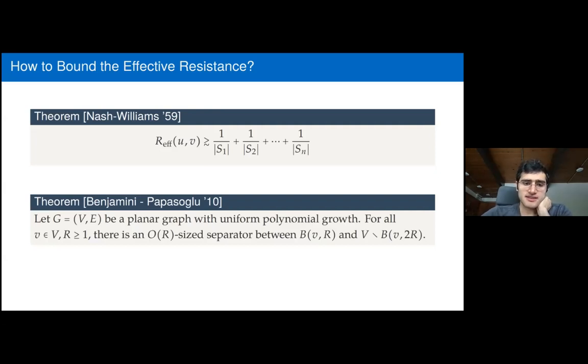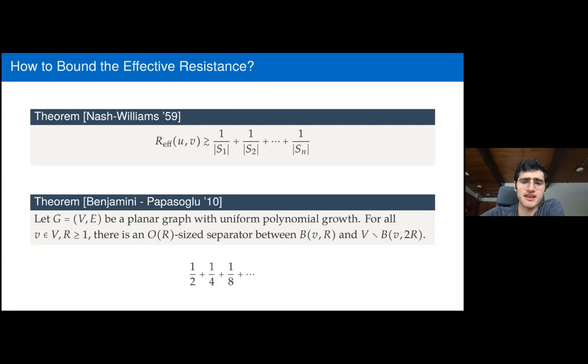Note that if you didn't have planarity, this wouldn't be true. For instance, in the three-dimensional grid, the best thing you can hope for is a separator of size r squared. But you can already see that in these graphs, something unexpected or strange happens.